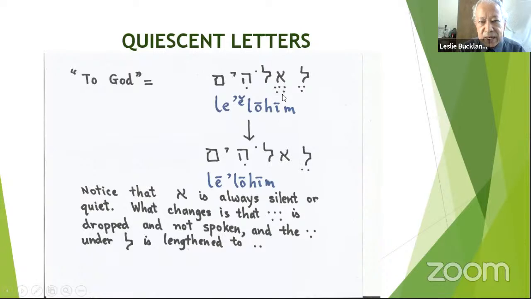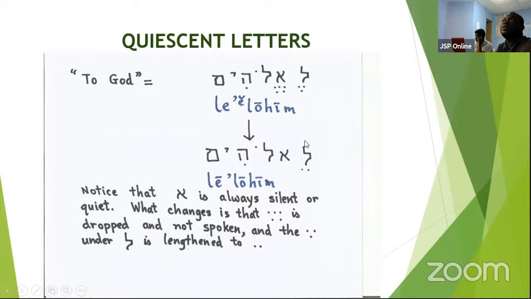And to compensate for the loss of the composite schwa, the preceding vowel has to be lengthened. That is a principle that applies in other cases as well.